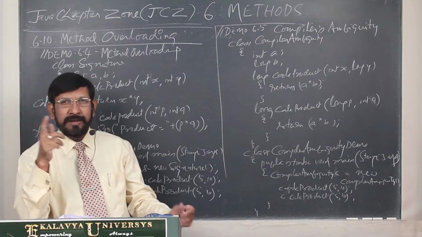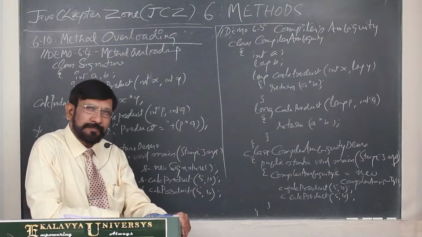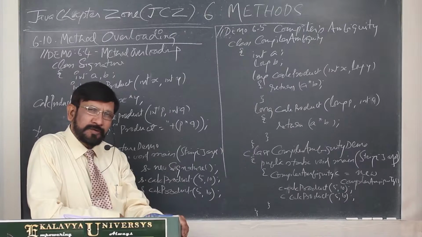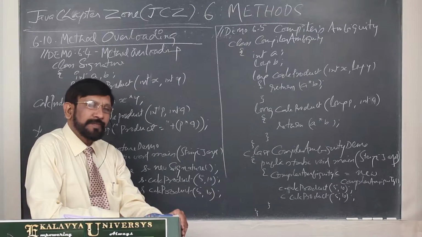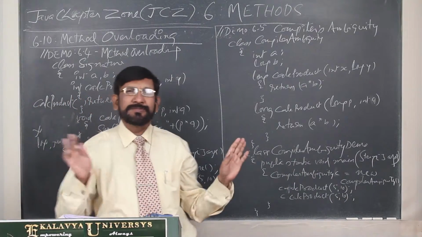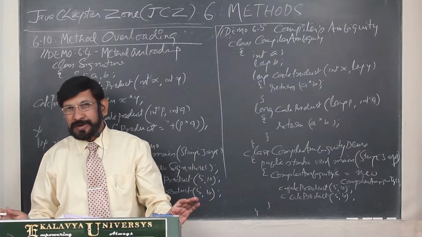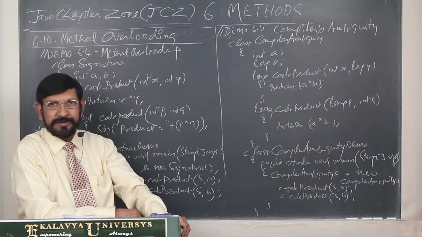And one problem is it creates a lot of confusion. All are calculating product only, so how can you give different names? So here polymorphism helps us. You give the same name and give different sets of input, different sets of arguments.